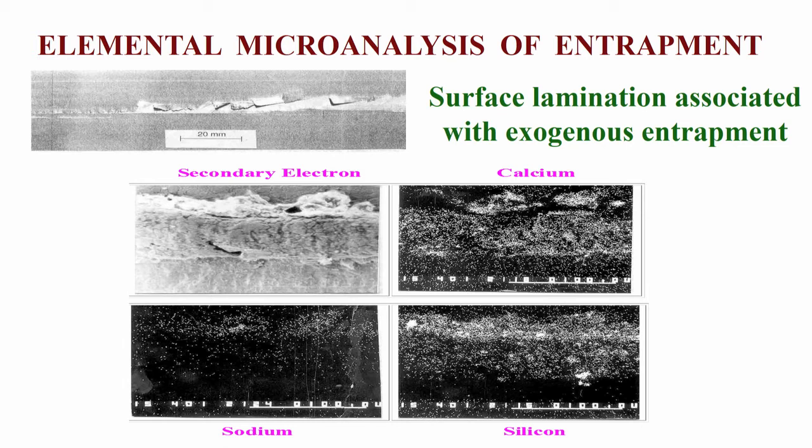So, when we are hot rolling it, when the defect is at a depth inside the steel, maybe it is not creating any problem, but with hot rolling we are allowing whatever defects are there to come near the surface, at the subsurface, and then there is a problem. Then the differential plasticity, differential formability of the inclusion vis-a-vis the steel matrix is creating this surface lamination or crack formation.